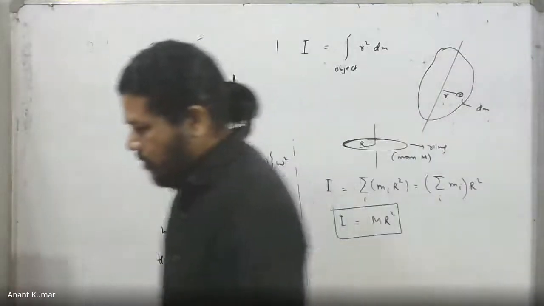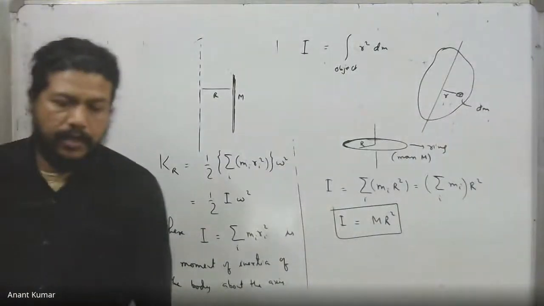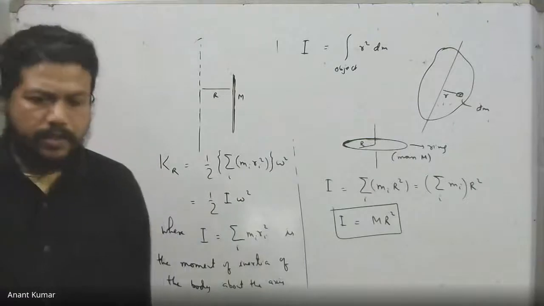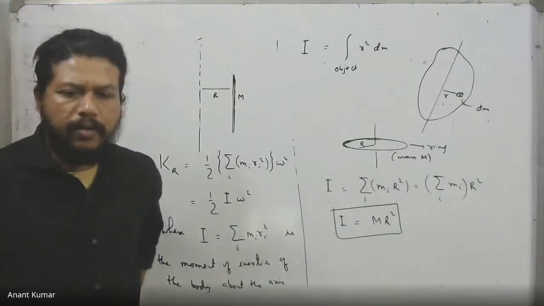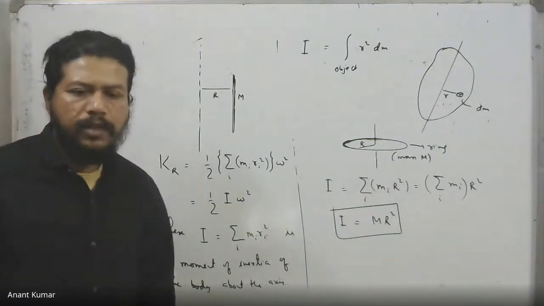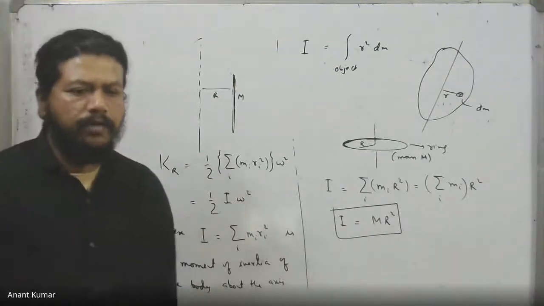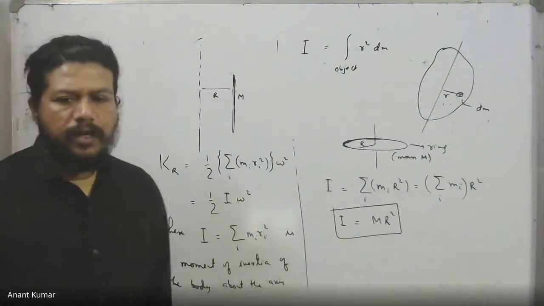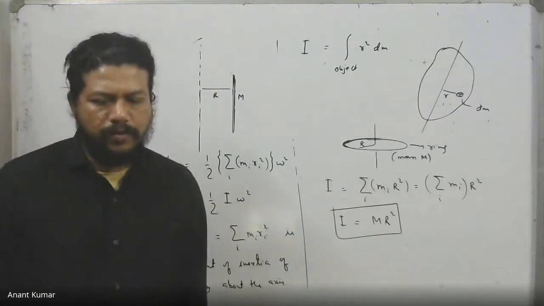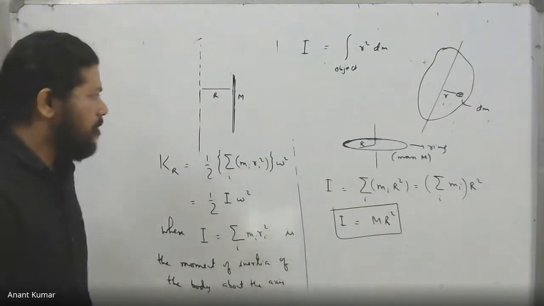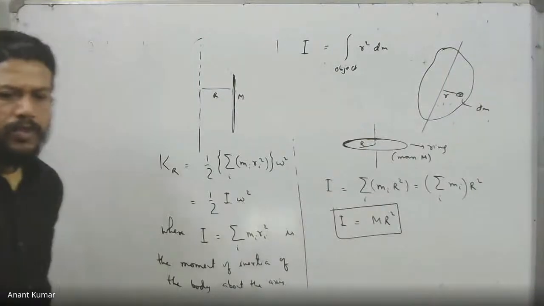In general, calculation of moment of inertia will require, in most cases, an integral, because most of the bodies we are dealing with are continuous. Like we have a ring, a disc, a solid cylinder, a rod, and so on. As a result, the computation will in most cases require an integral.